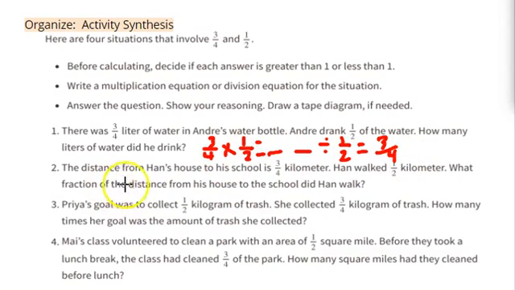Distance from Han's house to his school is 3/4 kilometer. Han walked 1/2 kilometer. What fraction of the distance from his house to the school did Han walk?